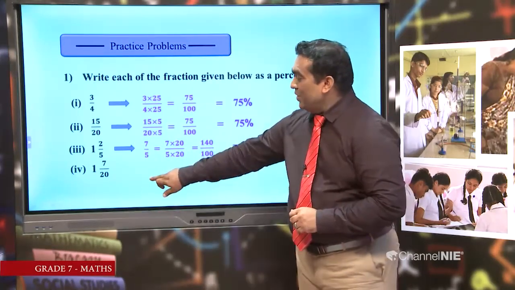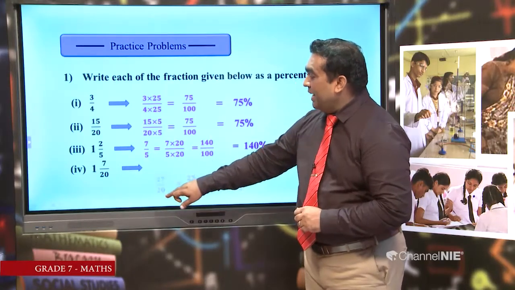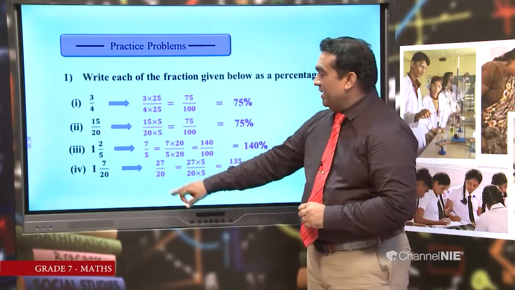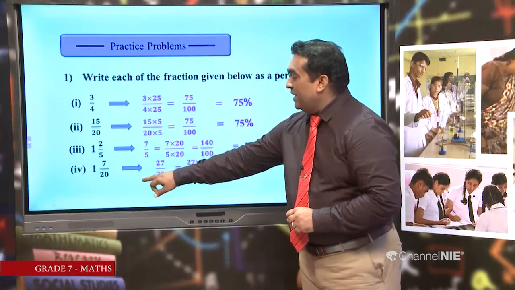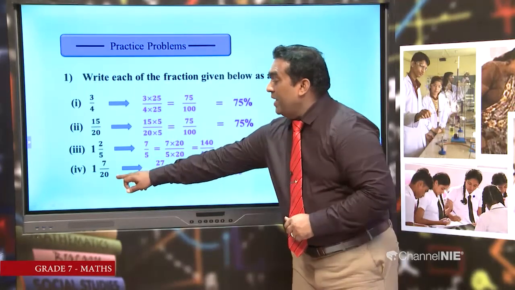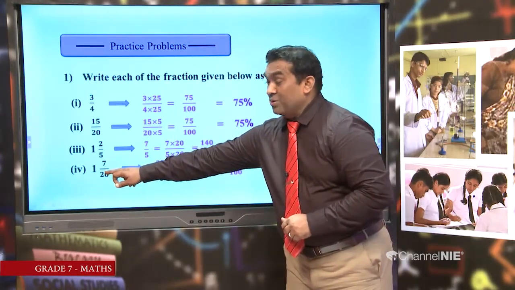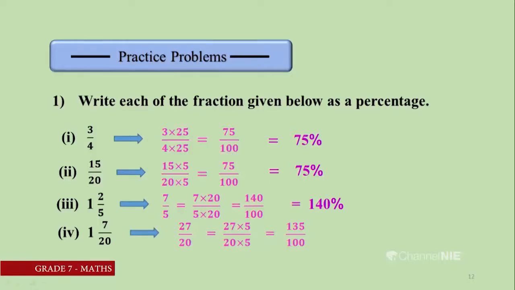Here also, how to find out the direct fraction? No change in the denominator 20. Here 20 multiplied by 1, 20 plus 7, 27 over 20. Now, we want to convert 20 into 100. You know that 20 is a factor of 100.